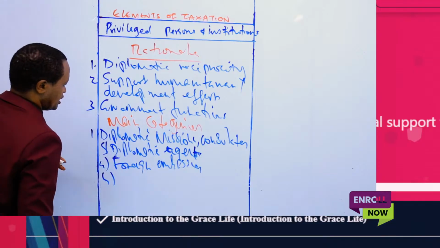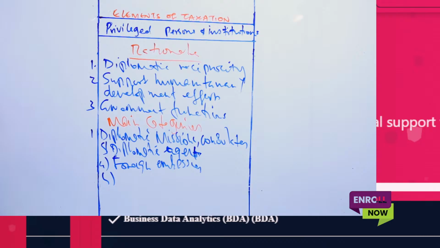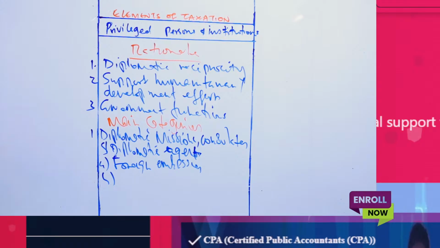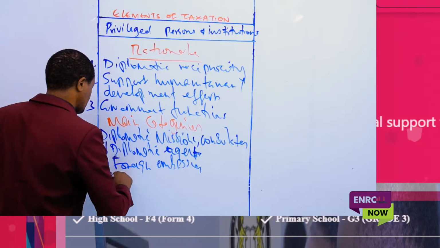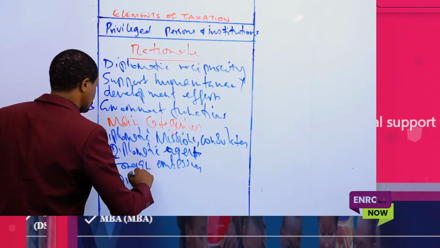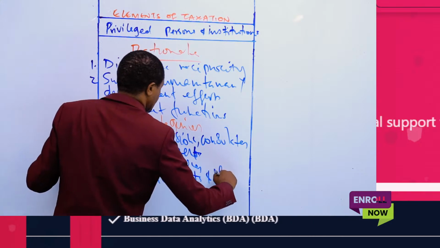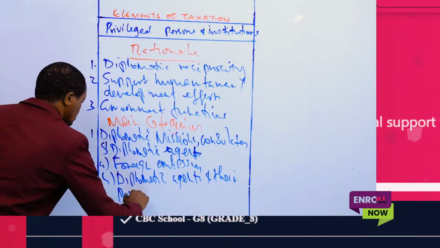Then, as part of the first category, we have diplomatic agents and their personnel.